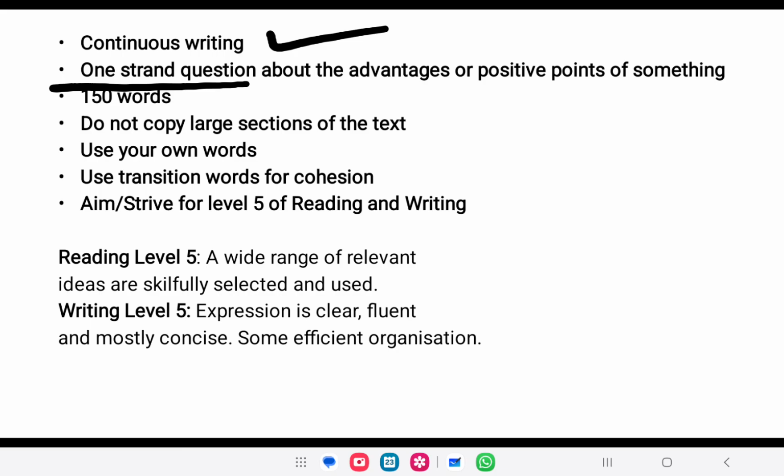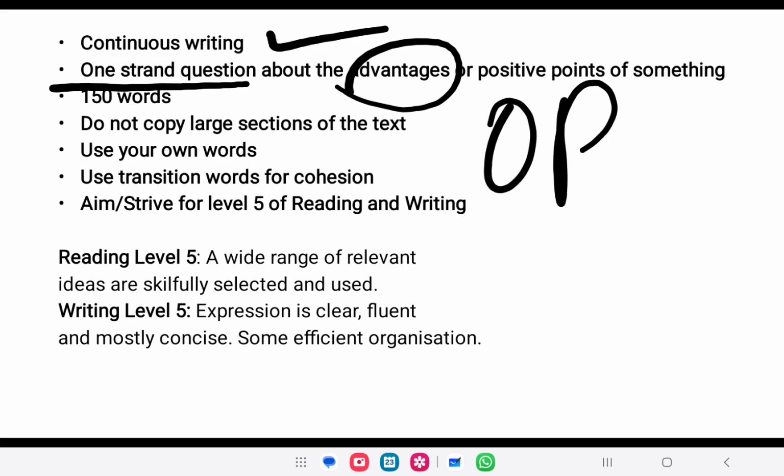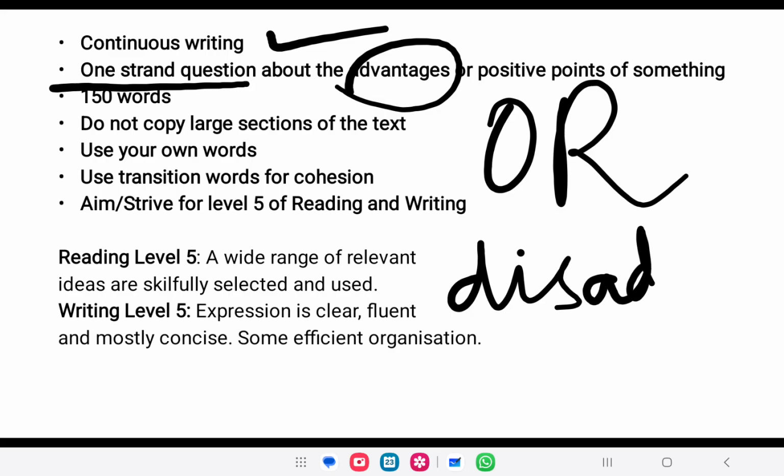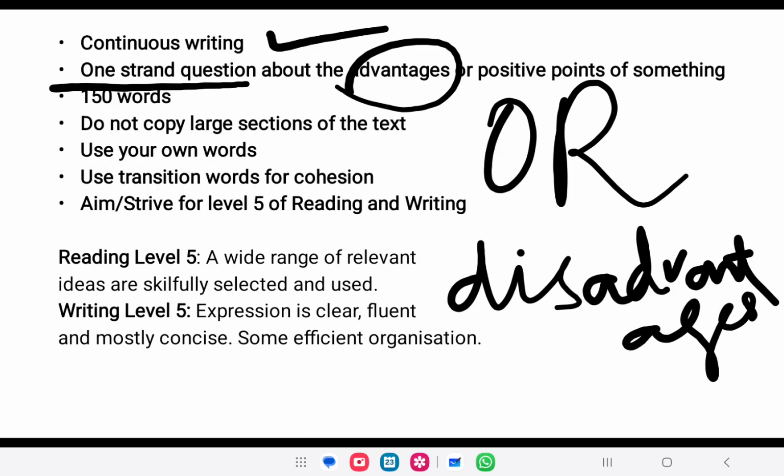One strand means you will have a question about the advantages, or about the disadvantages. This is not going to be a question about two points, advantages and disadvantages at the same time. No, it is going to be one thing, advantages or disadvantages.